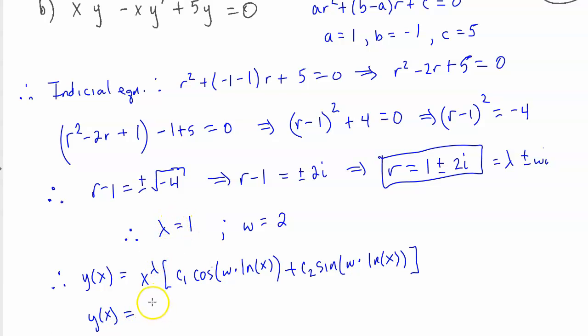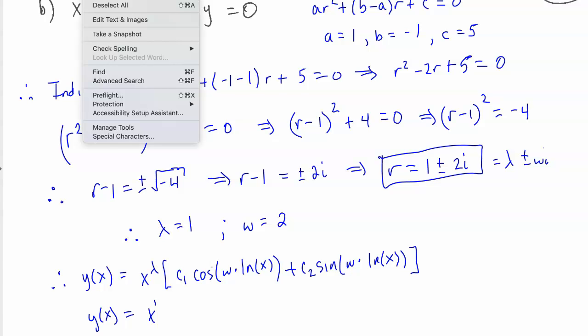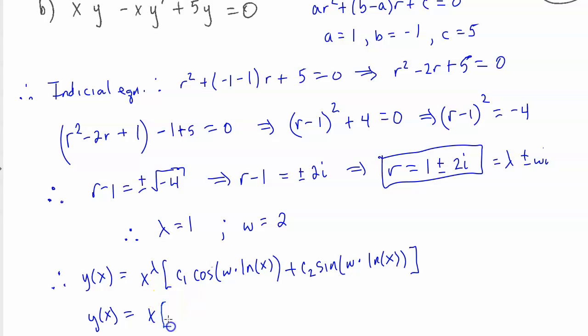And so lambda is just 1. So x raised to the 1 here will just be x. So I'll get rid of that. This will be c1 cosine of, our omega is 2, so that's 2 natural log of x, plus c2 sine of 2 natural log of x.